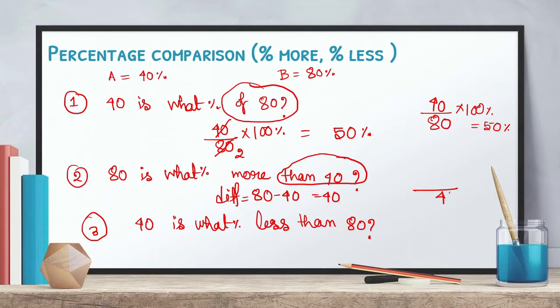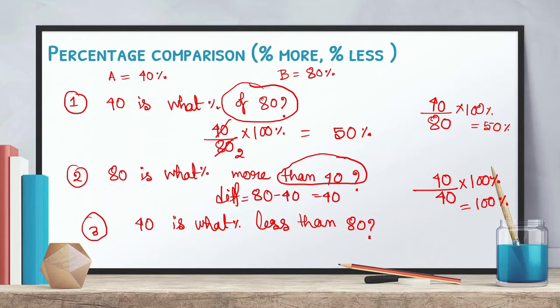So the denominator will be 40 and the difference will come in the numerator, cross 100%. And we can see that it is equal to 100%.